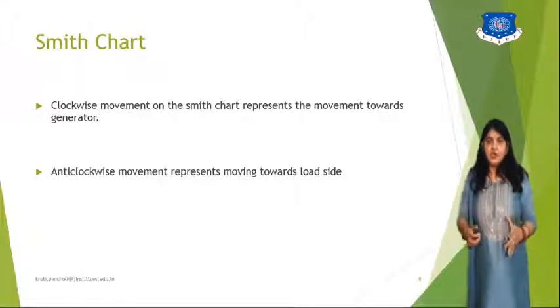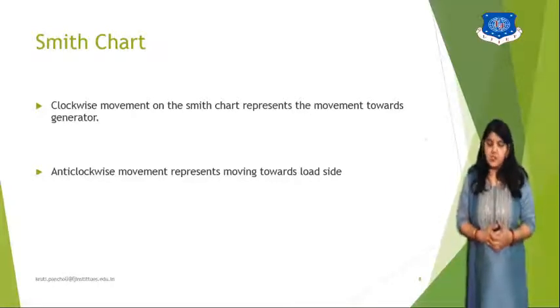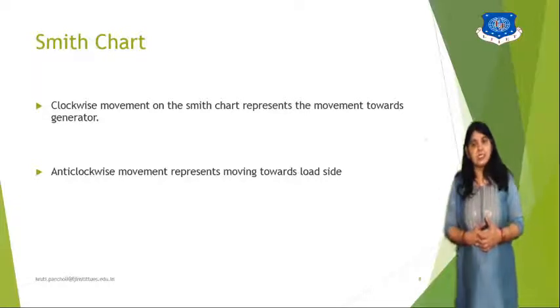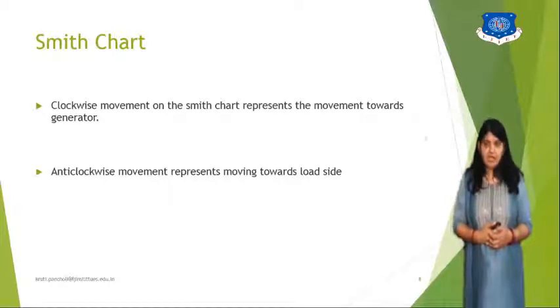Now, clockwise movement in the Smith chart represents movement toward the generator. As you know, the transmission line consists of two ends: one is the generator end and the other is the load end, the receiving end, and between them there is a transmission line.